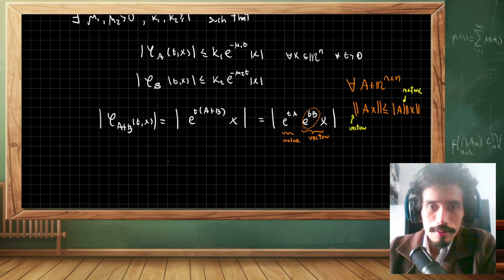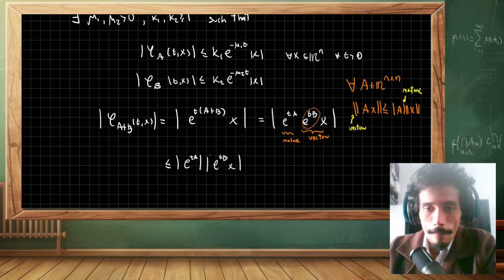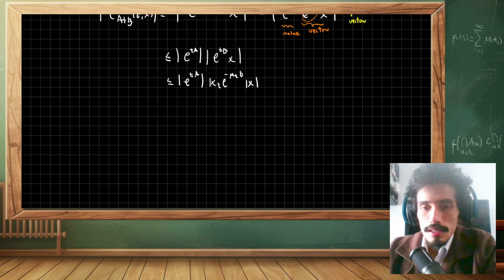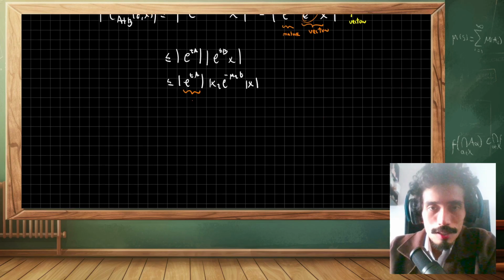So this will be less or equal than the norm of the matrix, we write it here, times the norm of the vector. And here we apply this condition, so this will be less or equal than this times k2, like this.